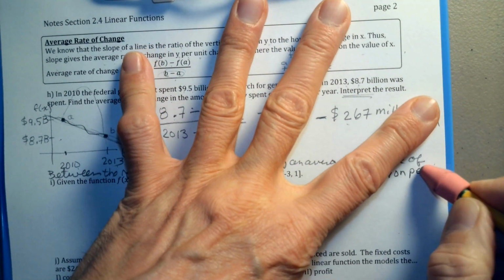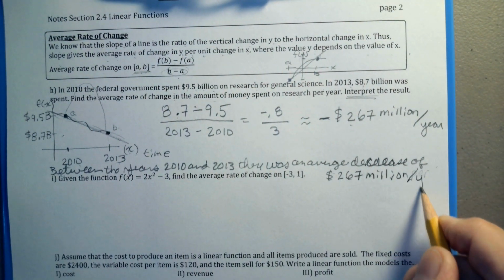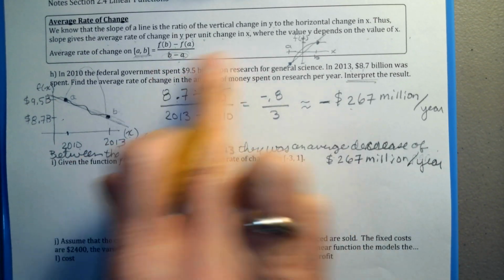Or if you want, we can do million and then per year. Okay? All right, so that's how you would interpret that.